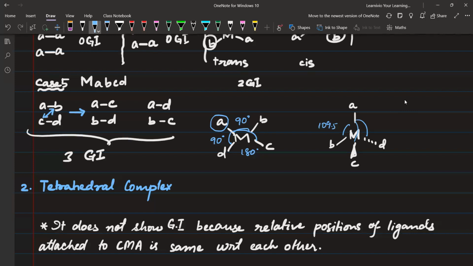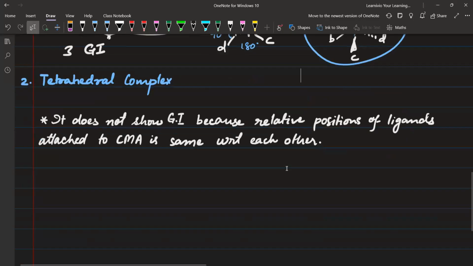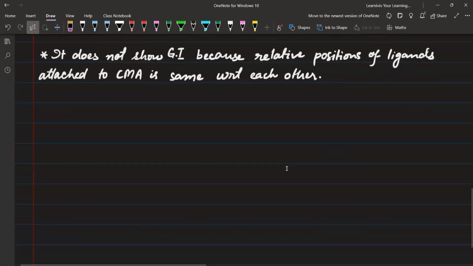If you exchange B, first B was at 90 degrees, now in this case B will be at 180 degrees. Make sense? But that does not happen in this tetrahedral case. That is why it does not show any geometrical isomers. Make sense? Yes, sir.